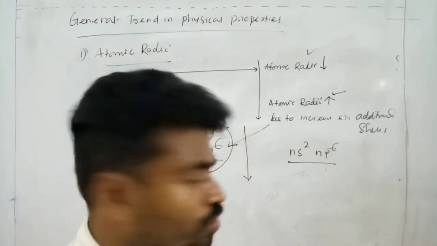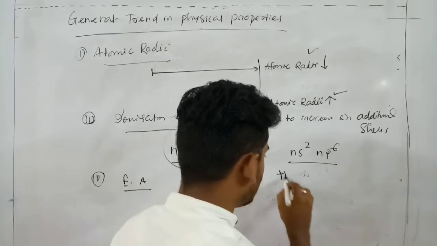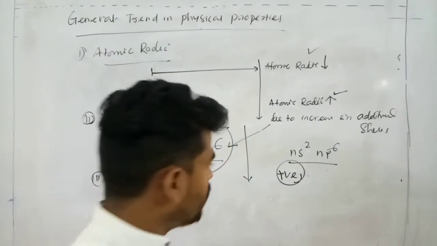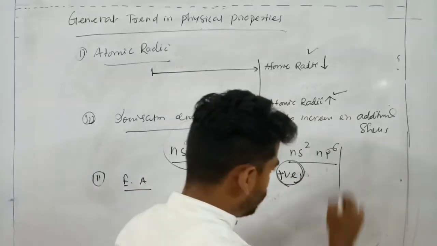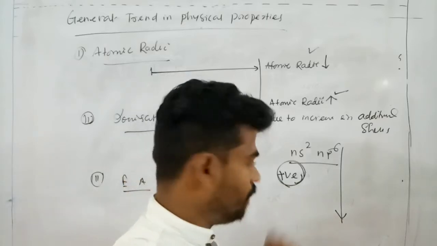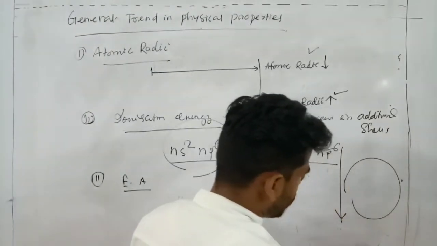So electron affinity or electron gain enthalpy in the case of noble gases is found to be positive, and this positive value decreases down the group because of increase in atomic size.